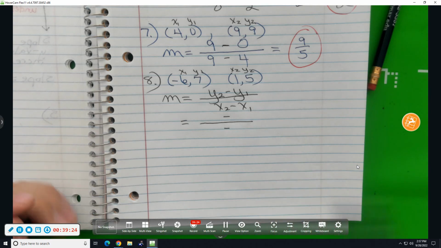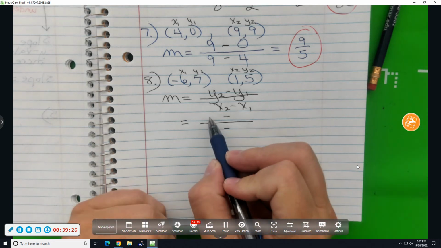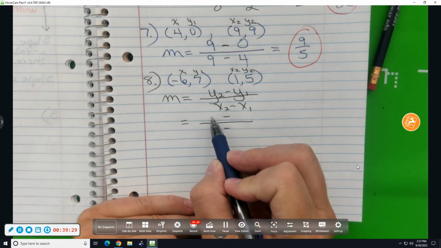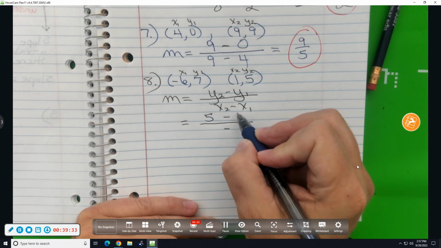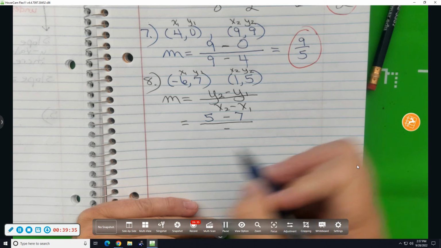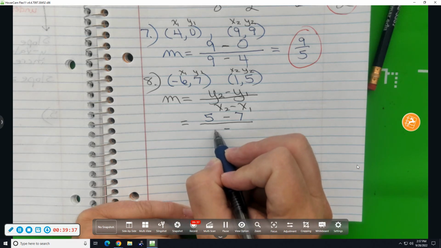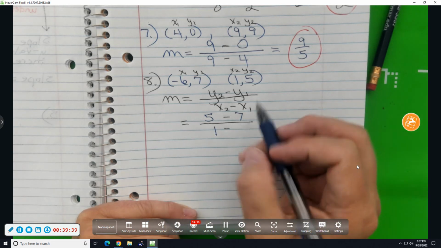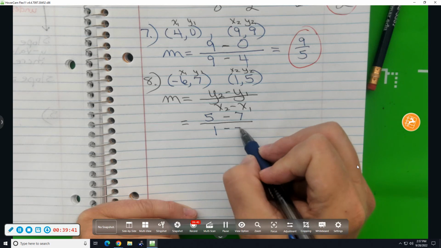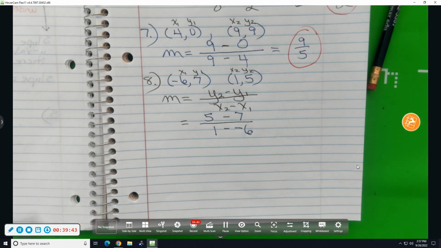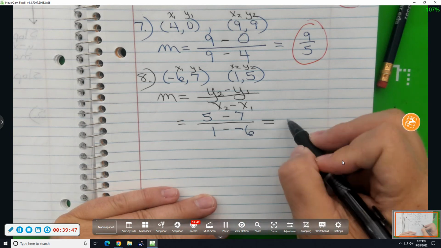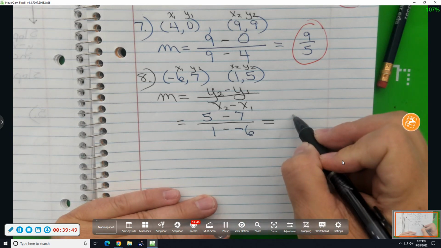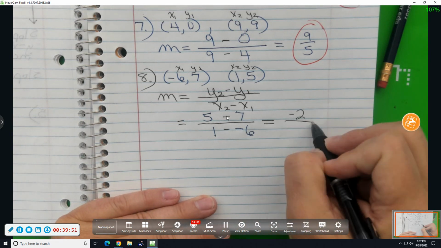Okay, I'm going to let y'all tell me. What number am I going to put here? Y2, 5 minus here 7. Good. Here X2 minus. And be careful. Well, first of all, 5 minus 7 is negative 2 all over.